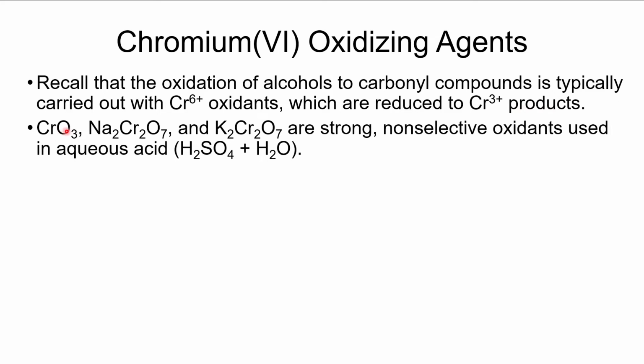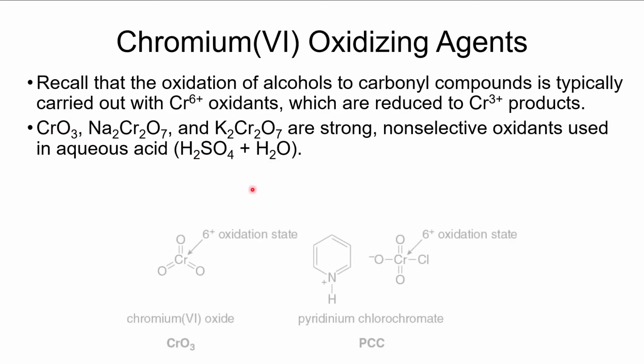So the most common choices are going to be chromium 6 oxide, so CrO3, sodium dichromate, or potassium dichromate. Those are good choices. And then we usually use them in aqueous acid solution, so we'll have sulfuric acid and water. If you just use this, the CrO3 plus sulfuric acid and water, you often call that chromic acid solution.